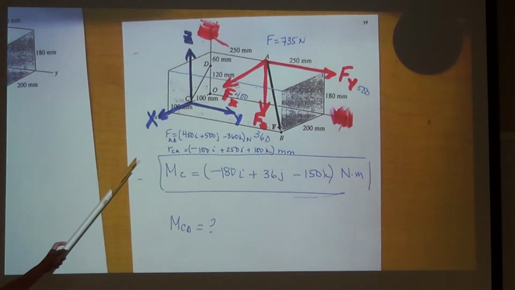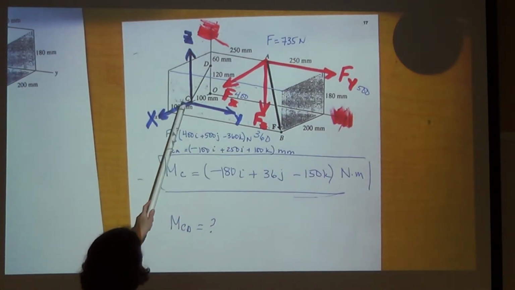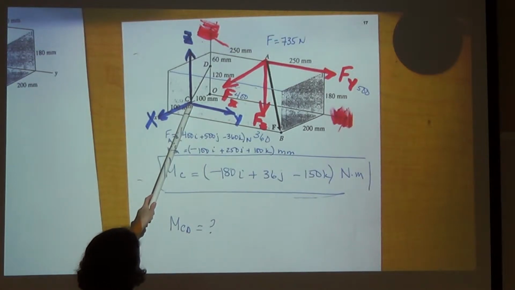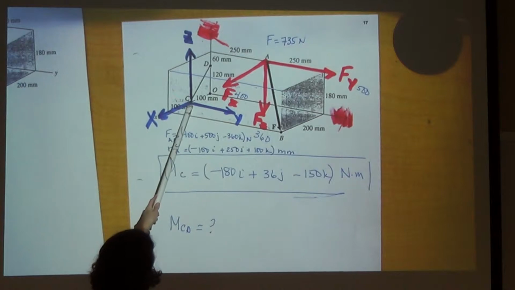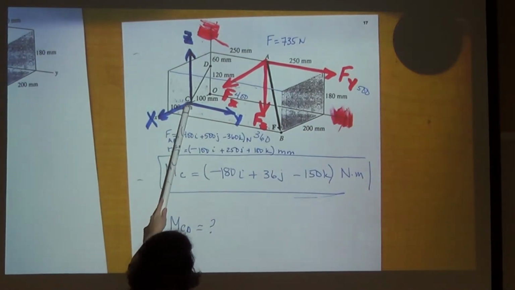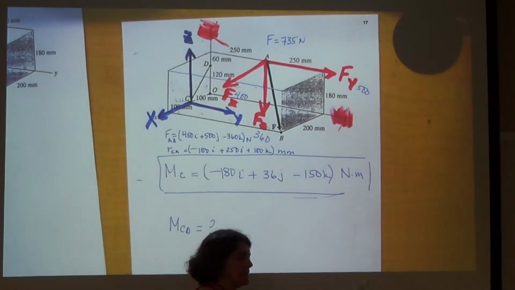What we're looking at here is that you know the moment about point C, the spin about the axis coming through C, and you want to find the component of that moment along CD.